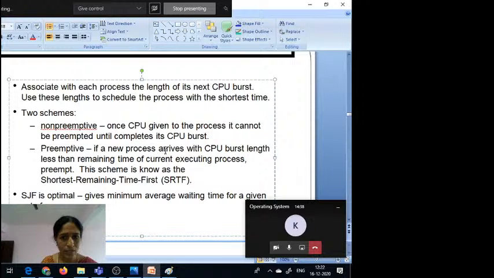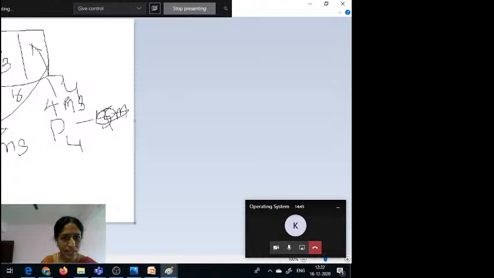Here P4 is the newly arrived process, and its burst time of 4 milliseconds is less than the currently executing process's remaining burst time of 5 milliseconds. So the current process is preempted, meaning it comes out of the CPU.